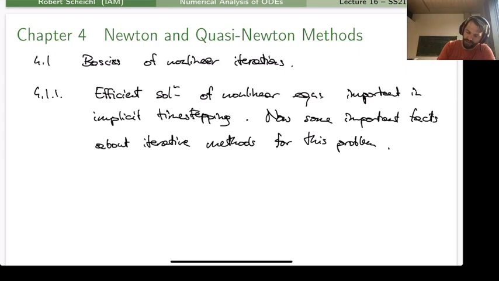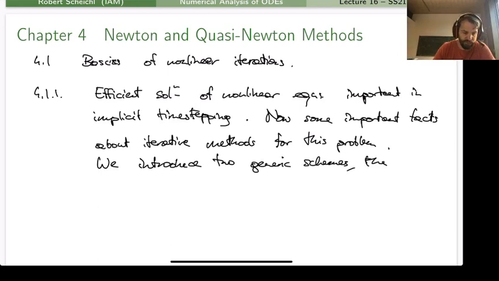In this coming section, we will now introduce two generic schemes for nonlinear problems: Newton's method and variants of it, and gradient methods.